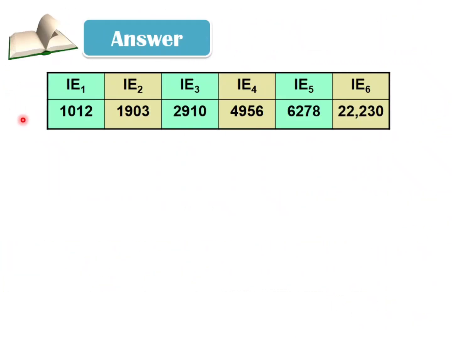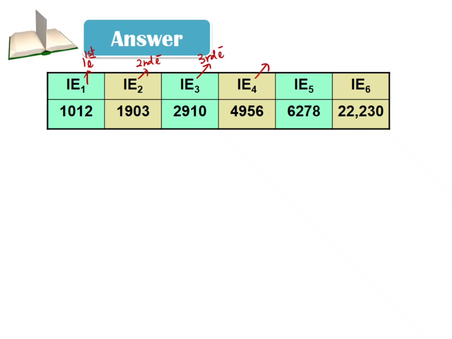Okay class, so kita tahu tadi kalau first ionization energy, it means that we remove first electron. Okay, second ionization energy, we remove second electron. Okay, IE3, it means that tenaga yang kita perlukan to remove third electron.